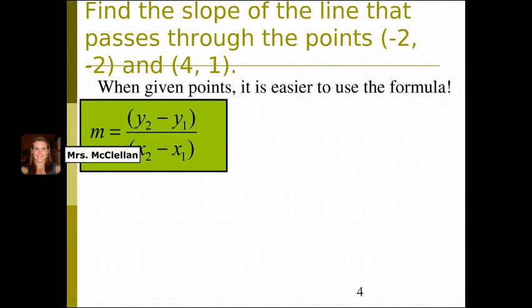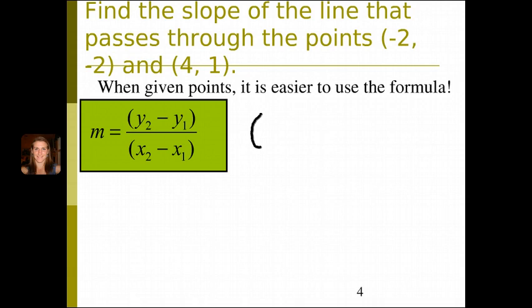Okay, we're going to find the slope of the line that passes through the points (-2, -2) and (4, 1). We're going to use the formula m equals y2 minus y1 divided by x2 minus x1. First, we want to identify our points, our x's and our y's.